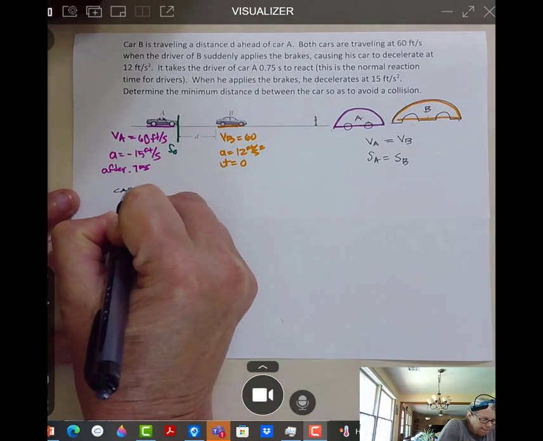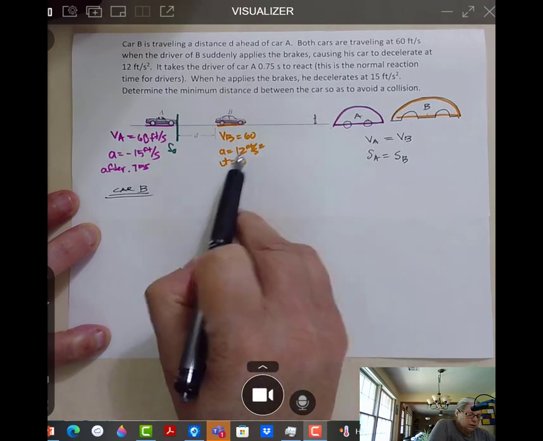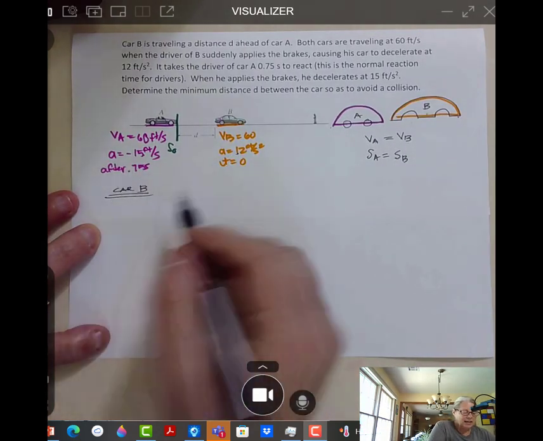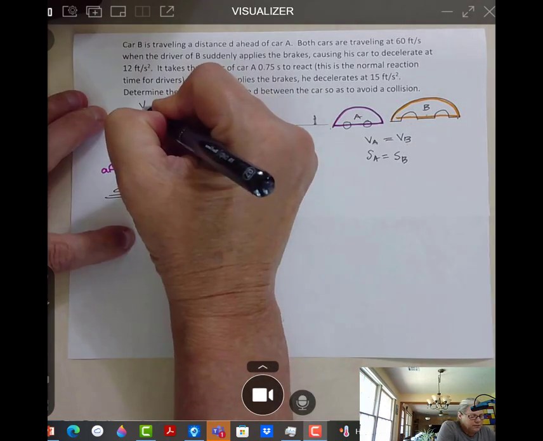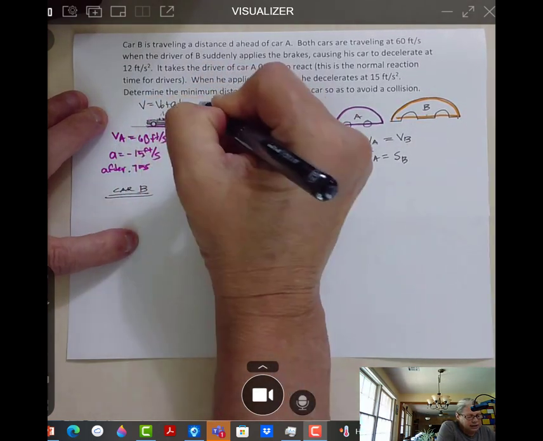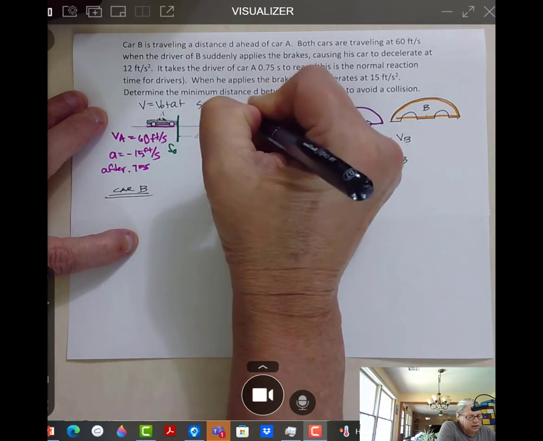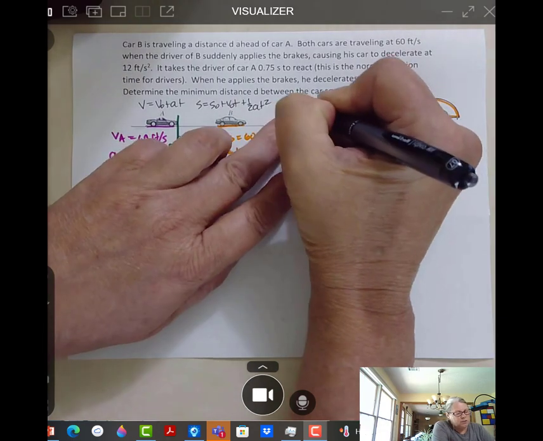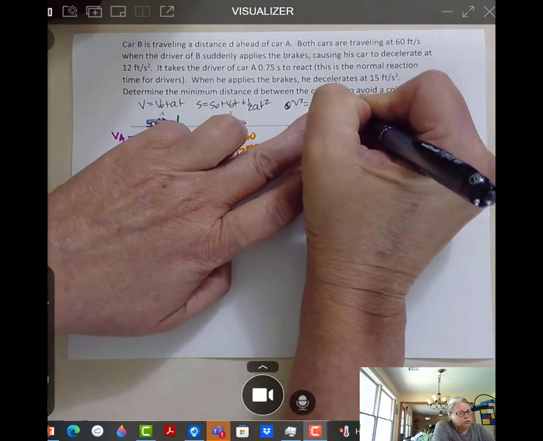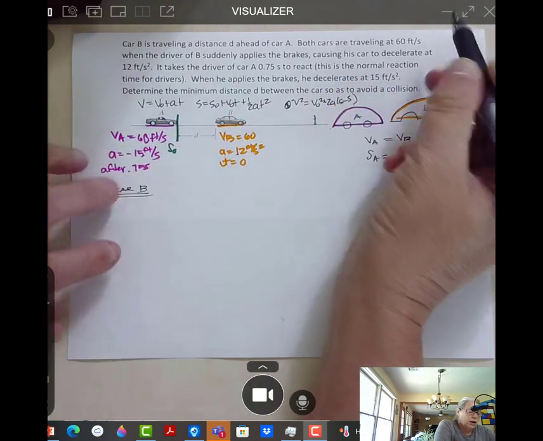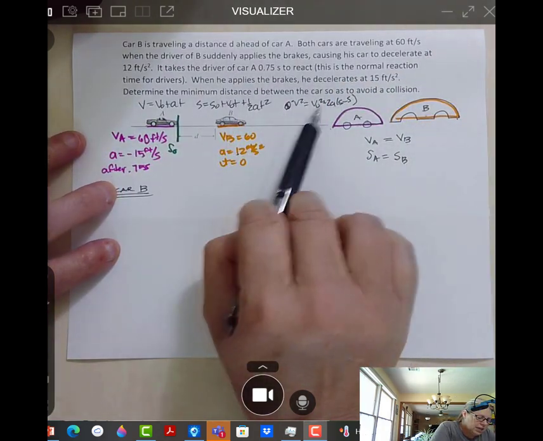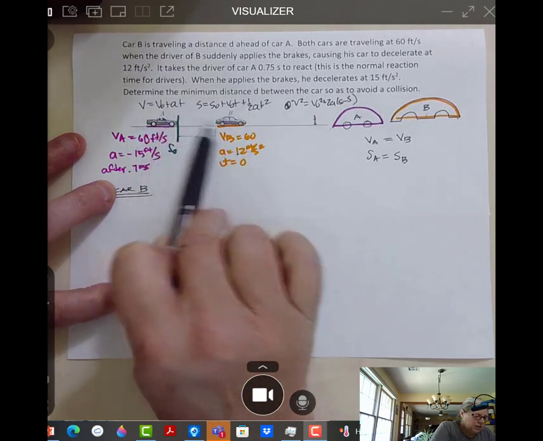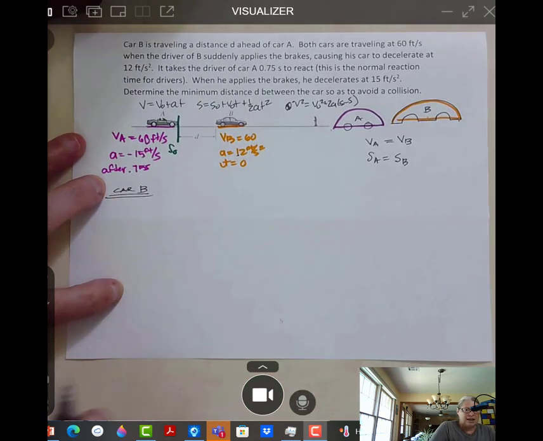So car B, constant acceleration. So we can use our constant acceleration equations. V equals V naught plus AT. S equals S naught plus V naught T plus 1/2 AT squared. V squared equals V naught squared plus 2A times the change in S. Well, we don't know the positional change. We do know something about time, so we're going to start with our time equations because we know there's a 0.75 second lag.